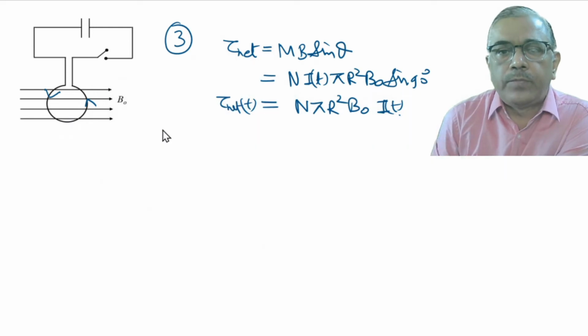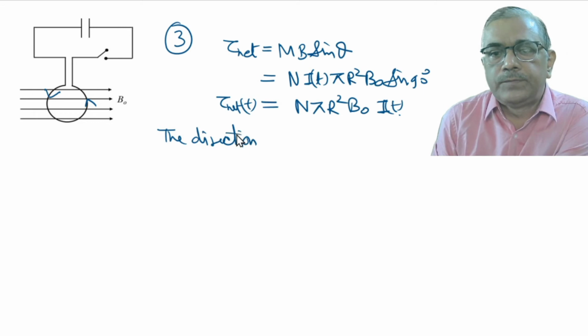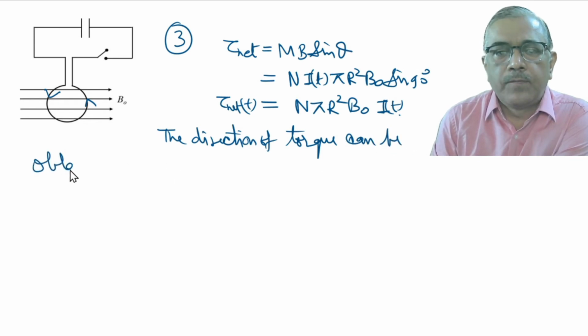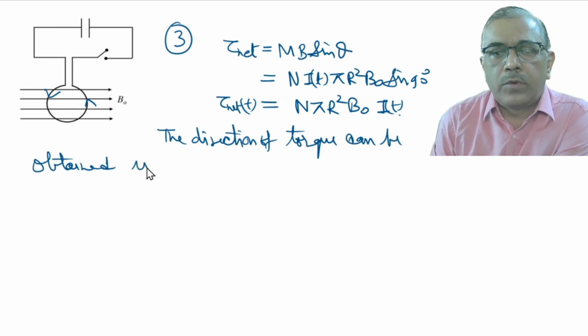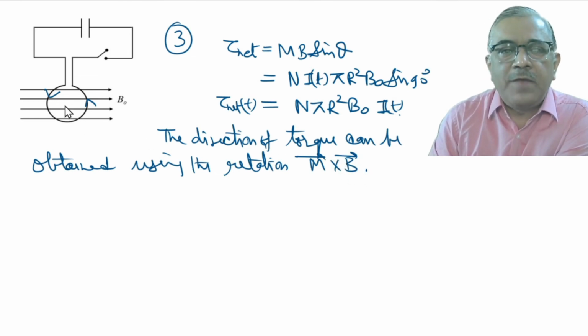Next part, the direction of torque can be obtained using the relation m cross B. Now you see the m vector is coming normally outside the board.